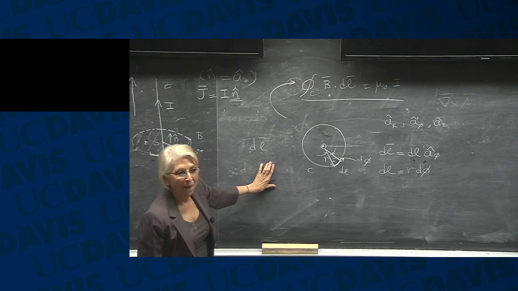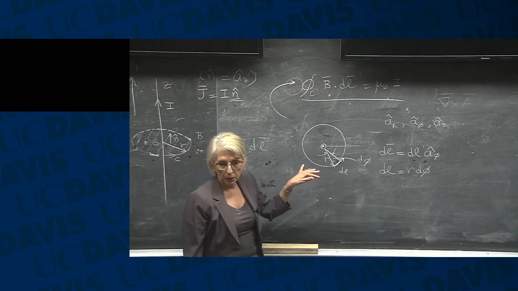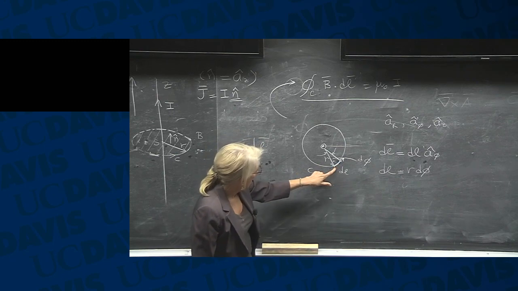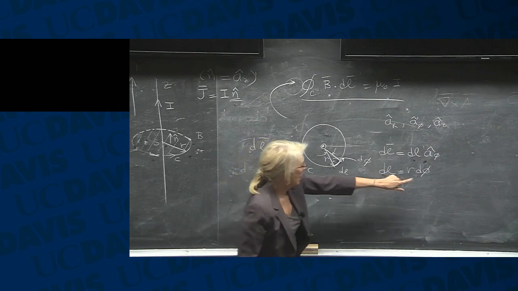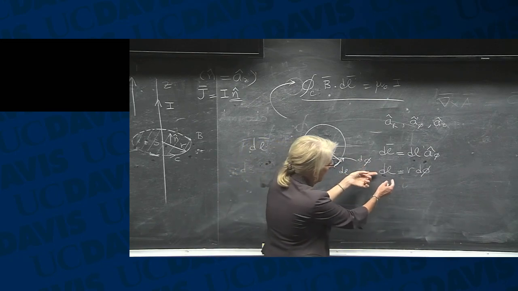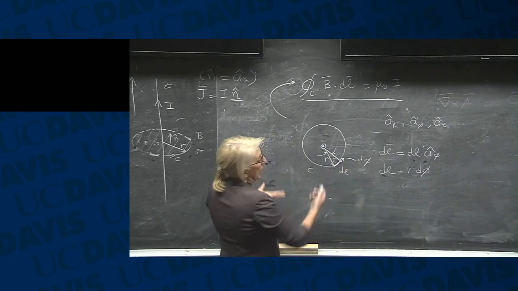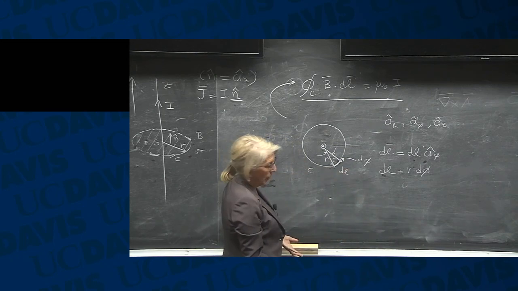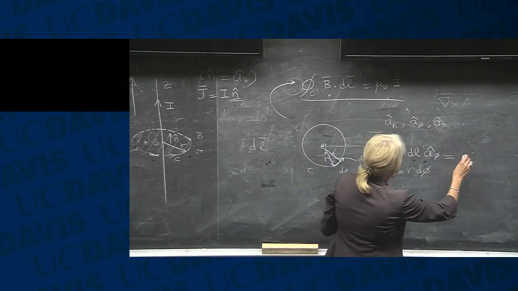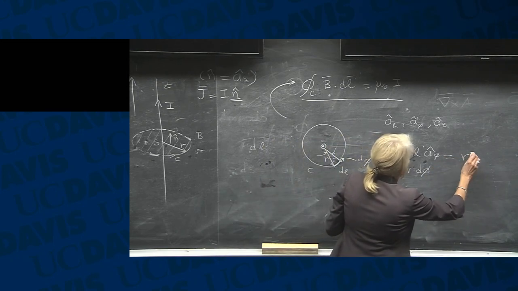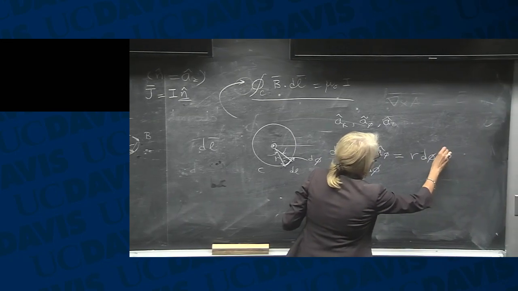I do that slowly so I can remind you. dl is rho d phi for very small values of L, of course, for differential L and differential phi. Otherwise, it does not apply for large values of L and phi, obviously. And then I can rewrite this as r d phi a sub phi.